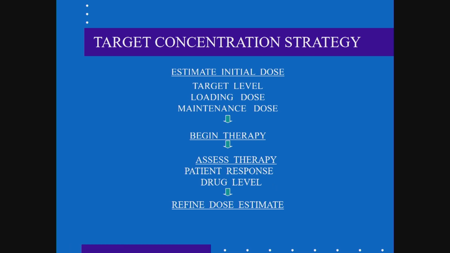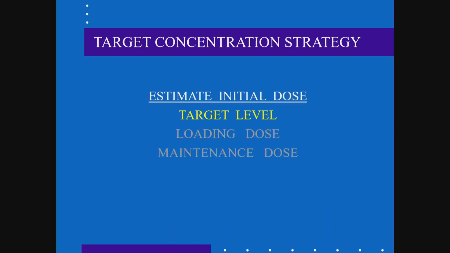And we may also measure a drug level, and based on this assessment then we may refine the dose estimate, adjust the dose, and then continue on an iterative basis to optimize the range of concentrations that we want to maintain throughout therapy.